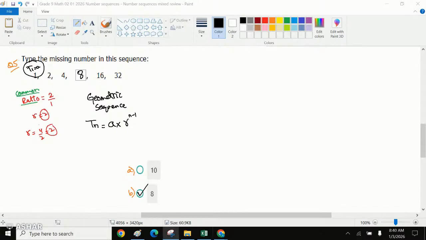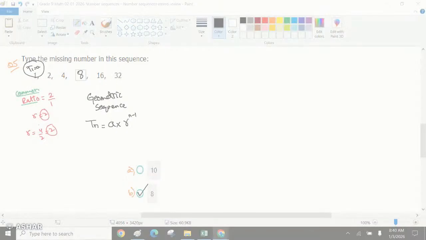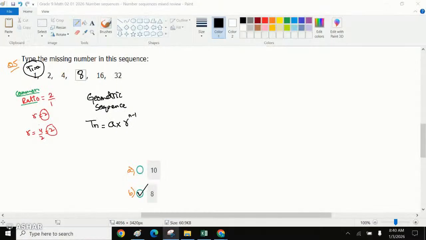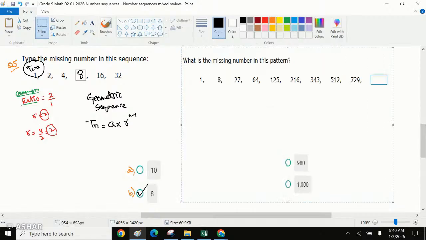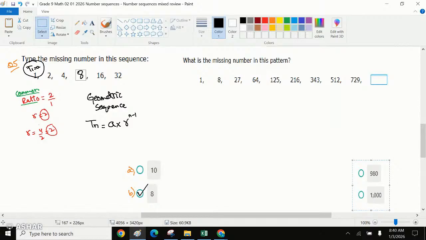Let's try this. What is the missing number in the pattern? We did a similar question already. Let's see what is the answer for this. Question number 6. Can we have the answer to this sequence? Option A or option B?